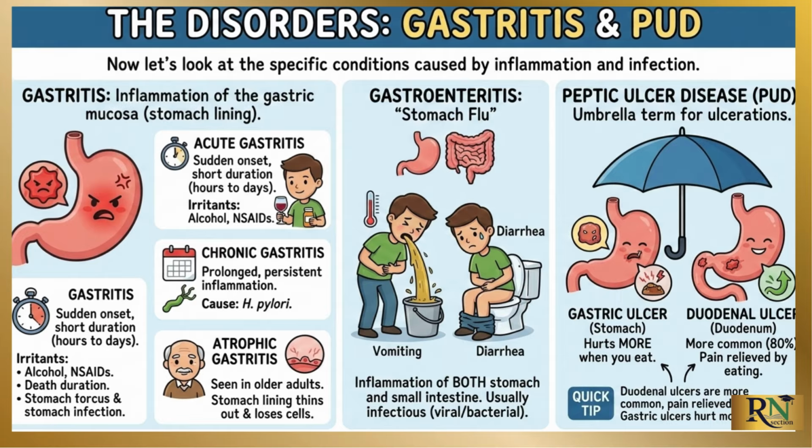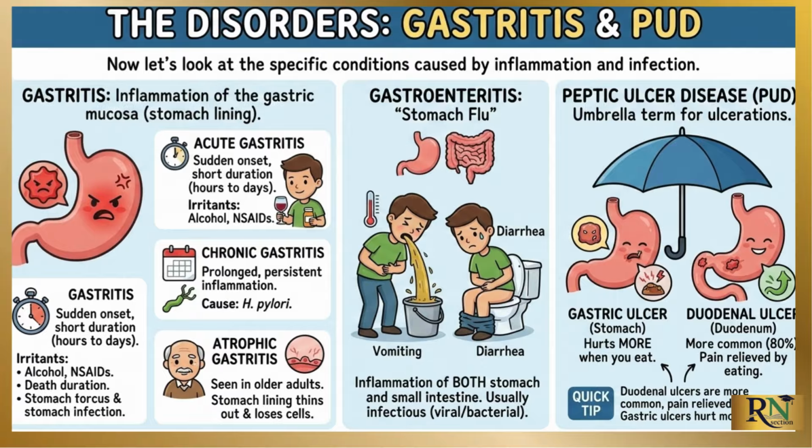Chronic gastritis is prolonged, persistent inflammation, usually due to H. pylori. So chronic gastritis is long-term inflammation of the stomach lining, often linked to H. pylori or an autoimmune condition.